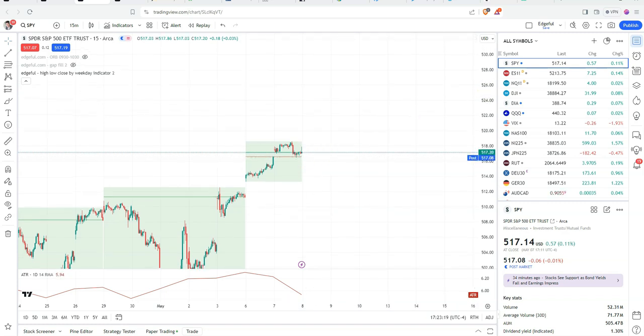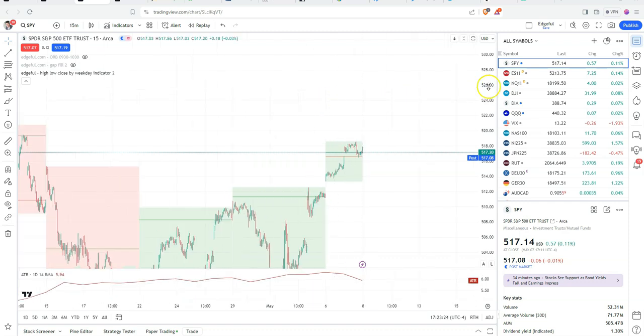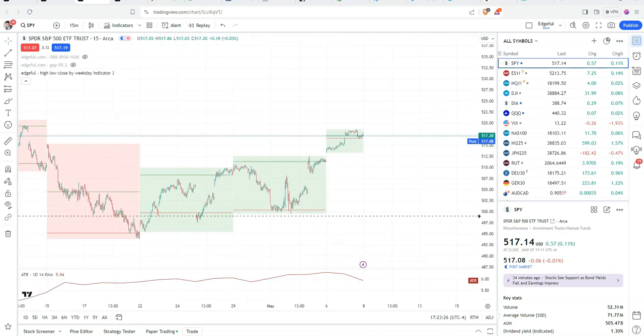Here's what I'm gleaning from this information. Right now we're well below the average weekly price action. A sell week has been pretty volatile. That one's pretty large, that one's decent, and we're about half of that right now. Tomorrow is Wednesday.